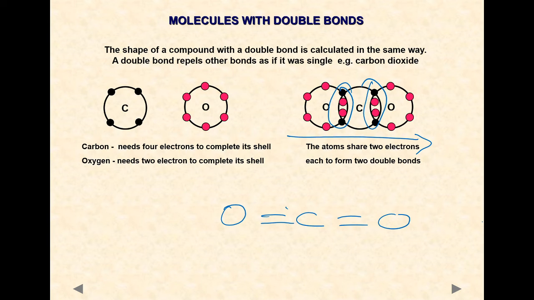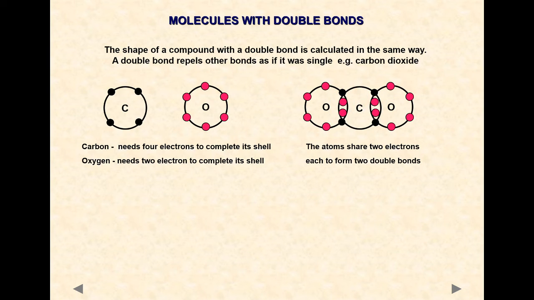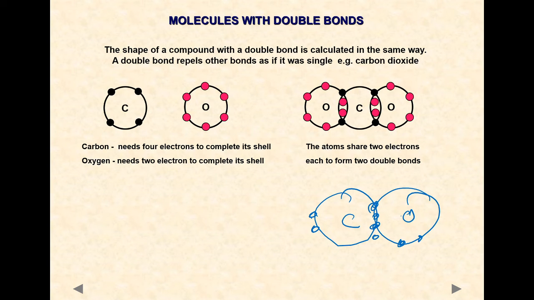Okay, let's start this again. In drawing the structure, you have carbon in the center. So you have 1, 2, 1, 2. Then oxygen, so you have 1, 2, 3, 4, 5, 6. So another oxygen, 1, 2, 3, 4, 5, 6.